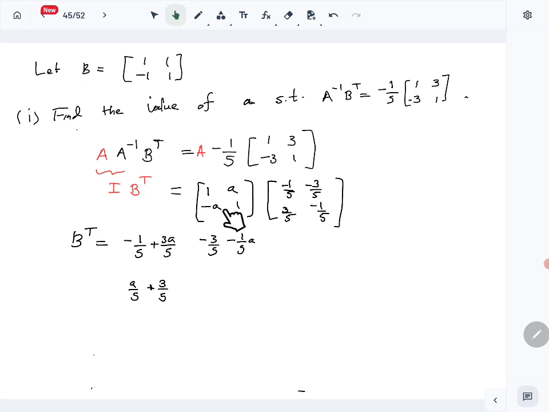Then for the last element, you multiply this row with this column: minus a times minus 3 over 5 becomes plus 3a over 5. Then 1 times minus 1 over 5 becomes minus 1 over 5.